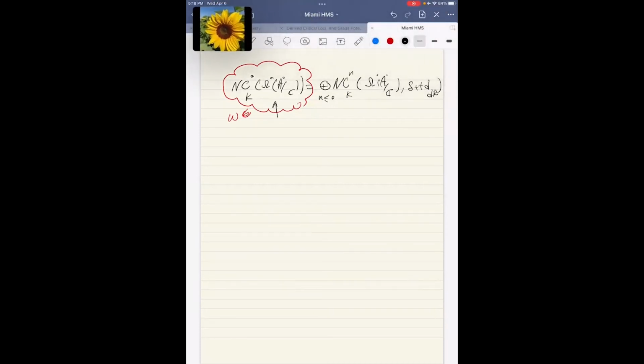Okay, so definition. Let A dot be as above.